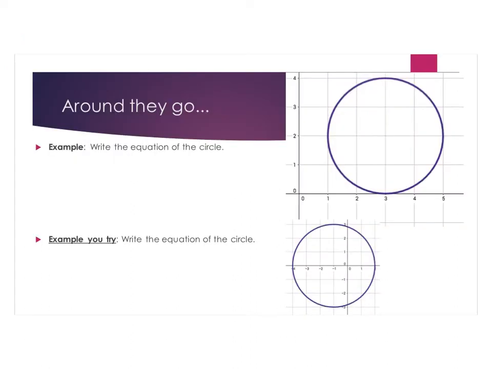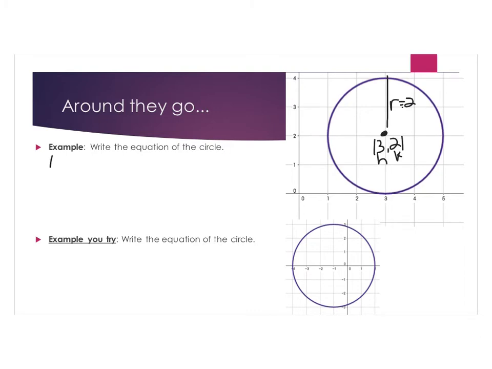Next type of problem, we're going to actually find the equation of the circle. So the first thing we'll do is identify our center and radius. It looks like our center is at 3, 2, which is our h and our k. And then our radius is 2 units.